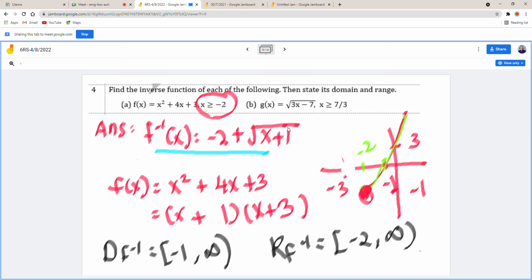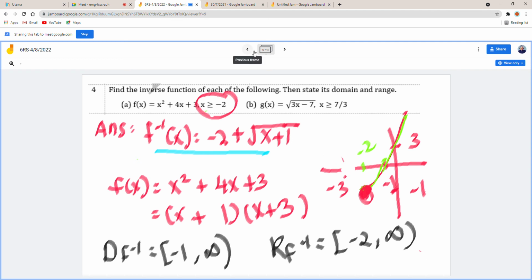But this one has to be more than -2. So the graph will be something like this, from here to here. So the domain for this one is -2 till infinity, and the range is -1 till infinity. For the inverse it is reversed. Understand?